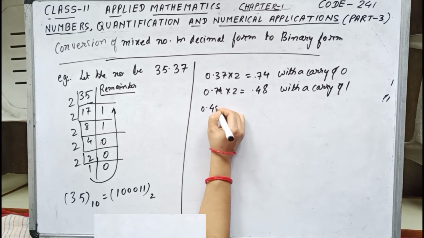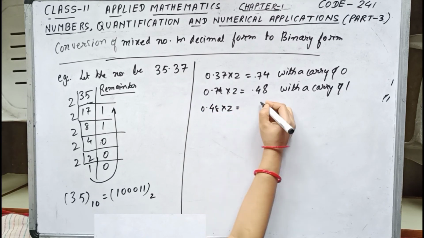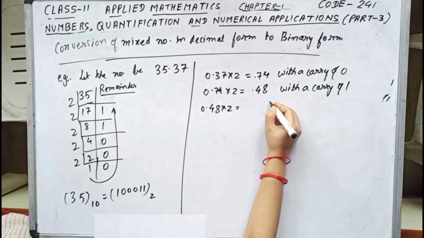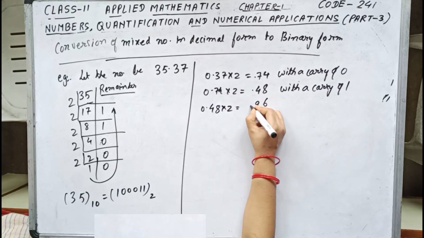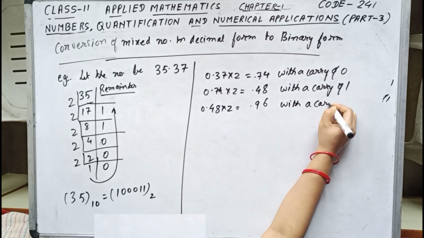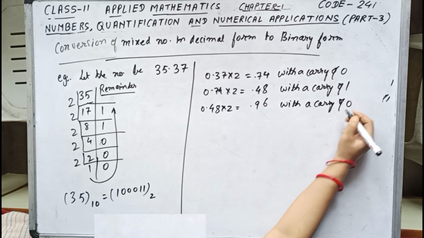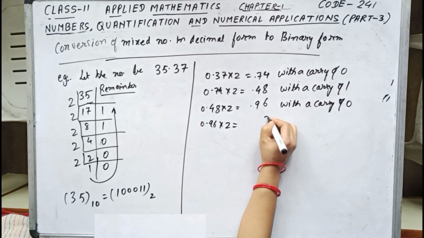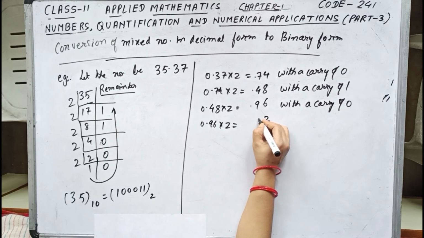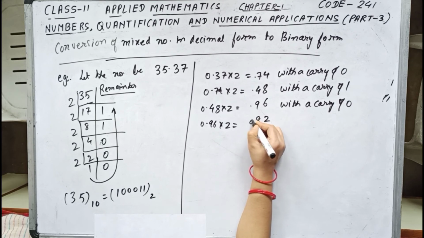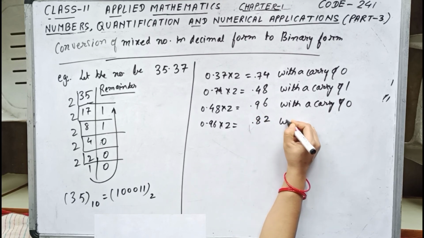Again 0.48 into 2 equals 0.96, with a carry of 0. Again 0.96 into 2, with a carry of 1.